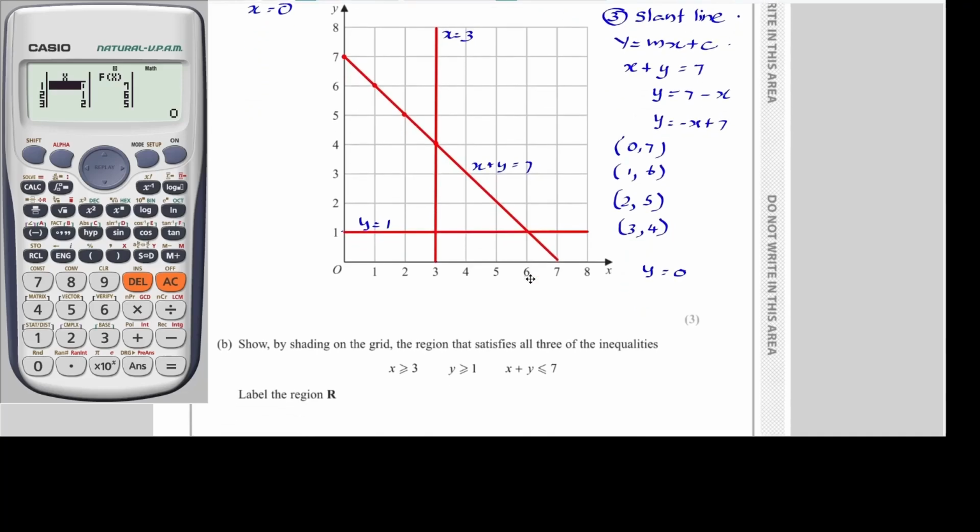Part B says that show by shading on the grid the region that satisfies all three of the inequalities. So by shading, you need to satisfy. So when we are asked to shade, always shade the unwanted region. Okay, not the wanted region.